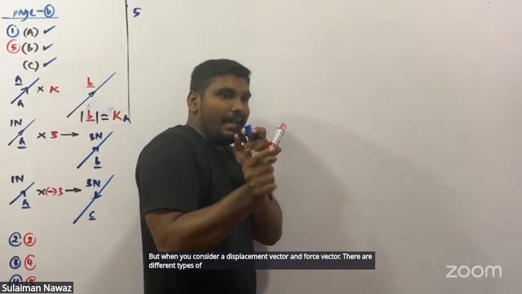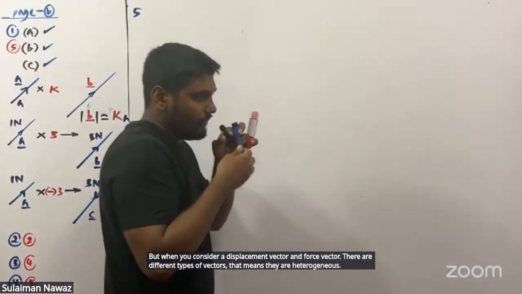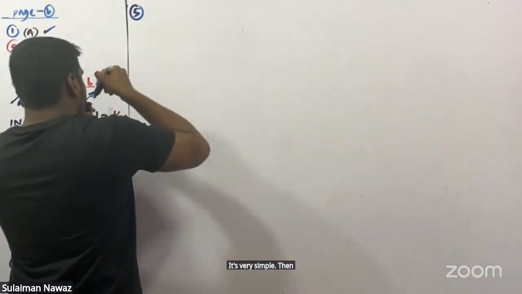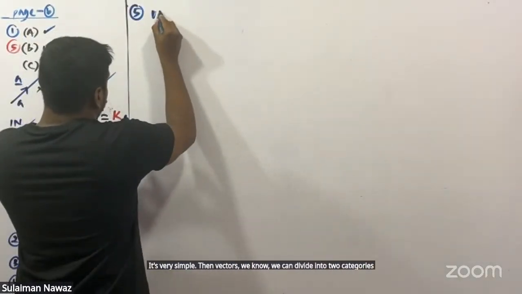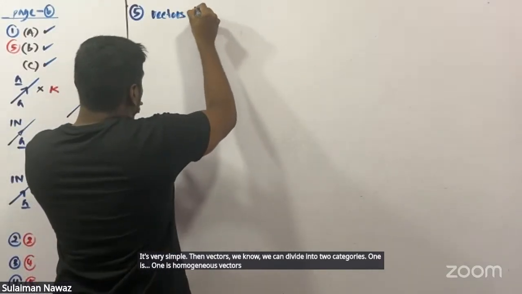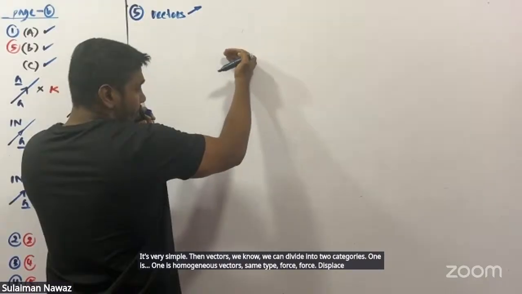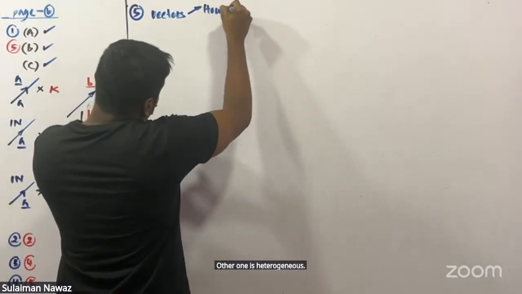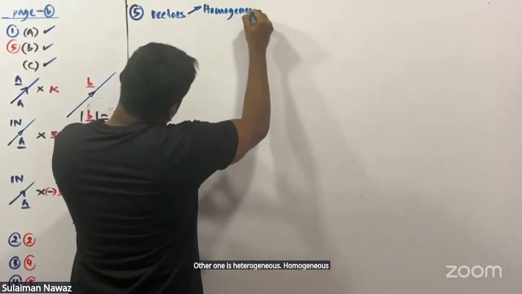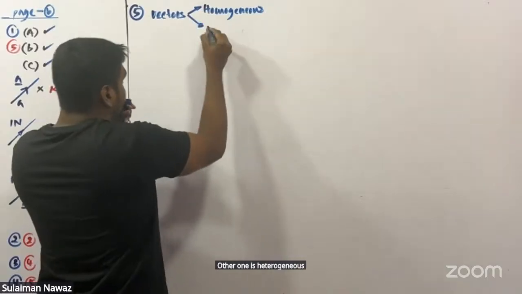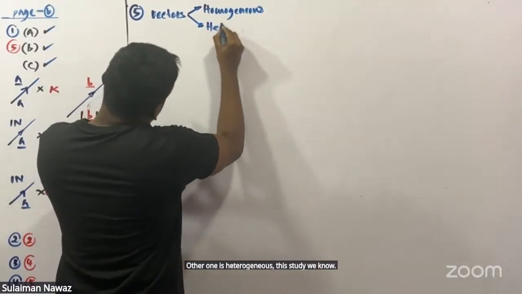That means they are heterogeneous. That's very simple. So we can divide vectors into two categories. One is homogeneous vectors, the same type: force, displacement, velocity. The other one is heterogeneous.